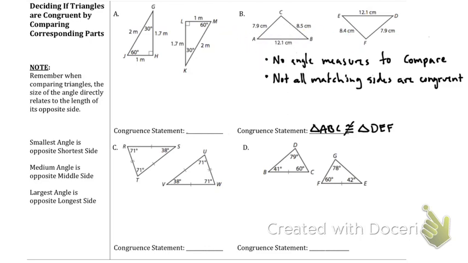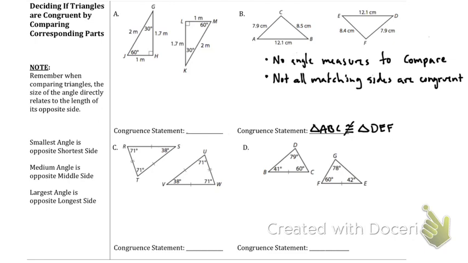Okay, let's move on to example C. In example C, I want you to tell me whether these two triangles are congruent in the comments on Google Classroom. So in Google Classroom, you're going to put congruent or not congruent. Okay, I'll let you do this one yourself. Let's move on to example D.